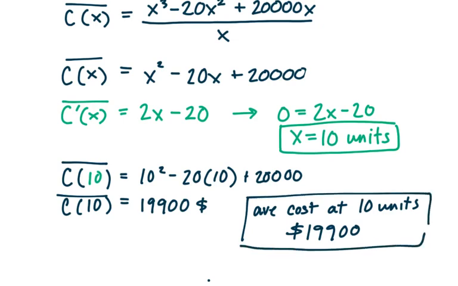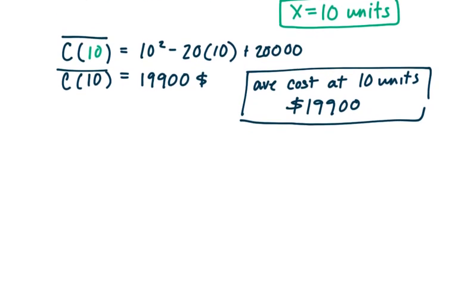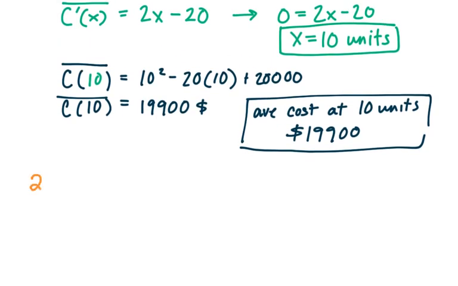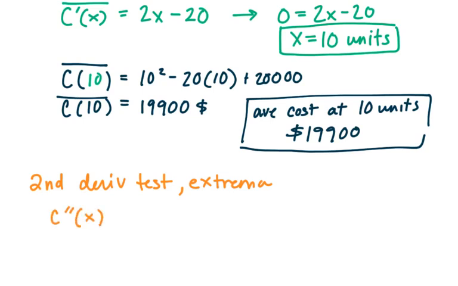All right, and then just expanding on something we talked about in our last video, prove that this is a minimum. So we can use the second derivative test to prove extrema. We have a second derivative test for extreme values. And what that says is I'm going to take my second derivative, c double prime of x, and I get out 2.